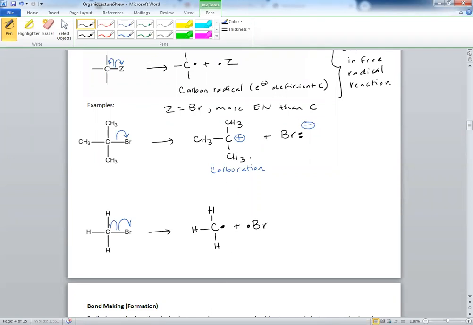Very well. So this would be obviously your electrophile. If we go back, this could be a nucleophile. And these are just radical intermediates.